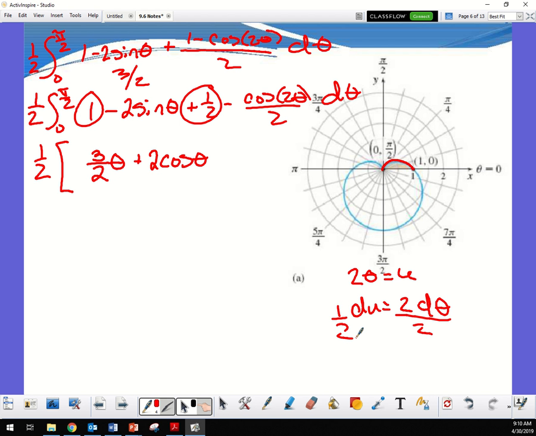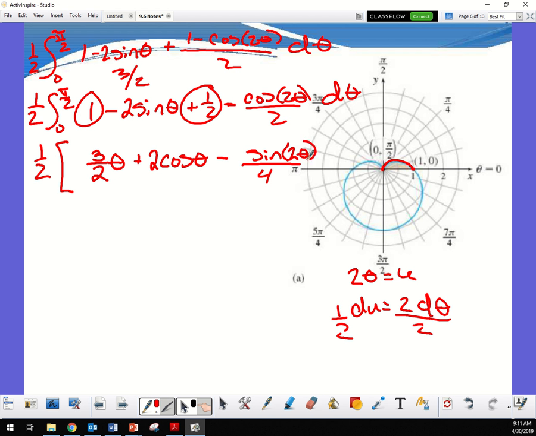Okay, so what is going to be the integration of negative cosine? Negative sine. So it's negative sine over 4, right? And that's going to be my 2 theta again.